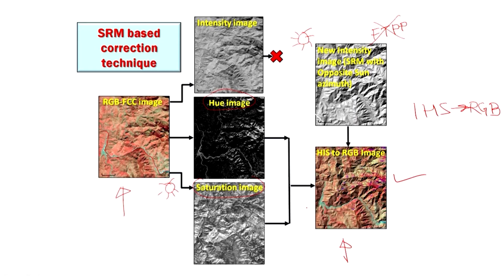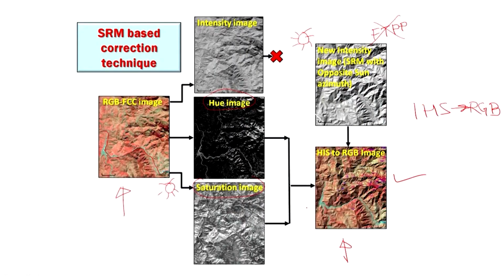So a big phenomenon which was affecting our image interpretation and image analysis has been removed using again an image merging technique. And here, instead of going for different dates or different spatial resolution images, we brought a new concept, a shadow relief model derived from a digital elevation model, and that digital elevation model was created using contours available in the Survey of India topo sheets.